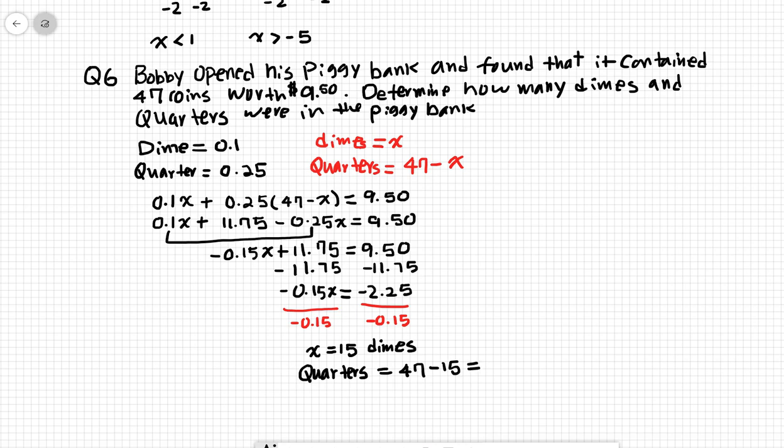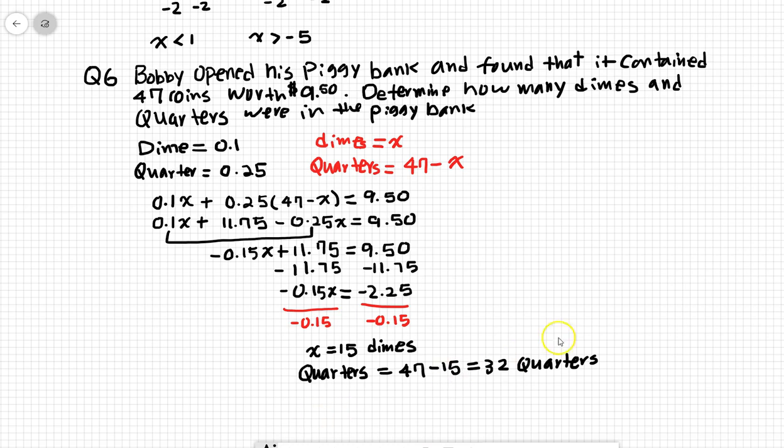That will be 32 quarters. If you multiply 32 quarters by 25 cents, and then multiply the 15 dimes by 0.1, you should come up with the $9.50 there.